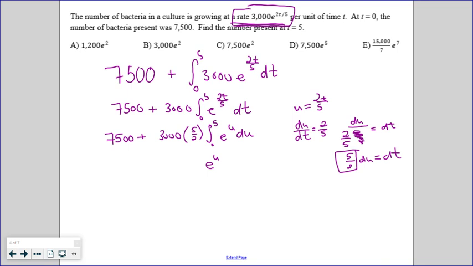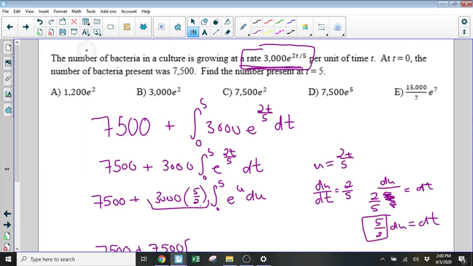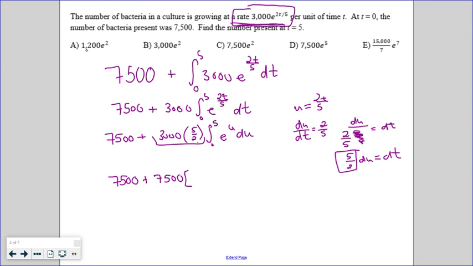And I want to replace u with 2t over 5. I'm going to clean this up here also. 3,000 divided by 2 is 1,500 times 5 is actually 7,500. Replace this u with what it originally stood for.